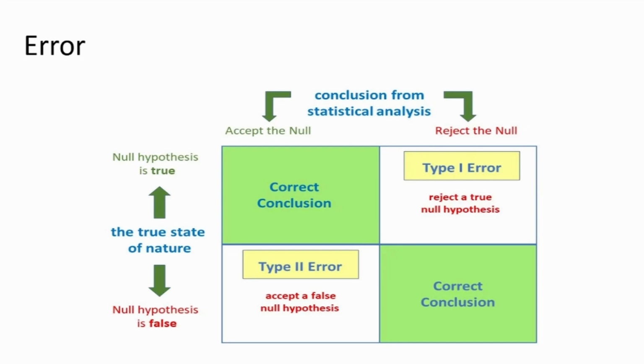This type 1, type 2 will be the basis of complete statistics. Please understand this. These 4 boxes are primarily telling you the complete statistics where you have a hypothesis, because hypothesis is the beginning of inferential statistics. And then you either accept or reject based on the evidence you have or based on a test you do.